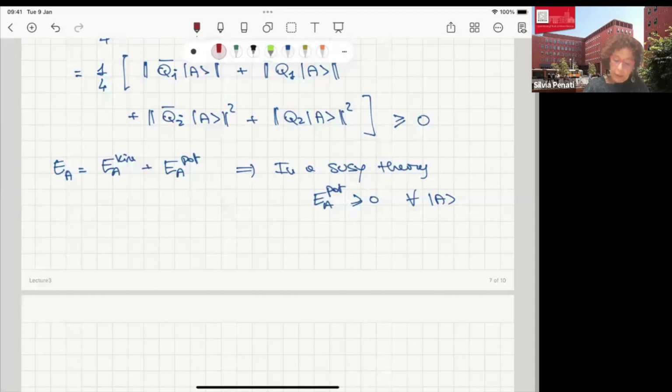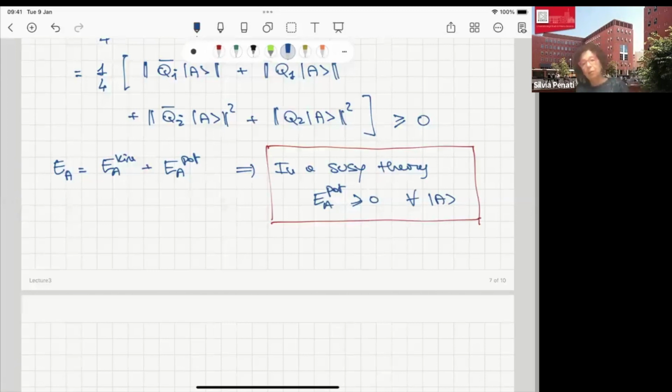Okay, so this is the first important, as I said, non-trivial physical property of the supersymmetric theory, describing particles affected by supersymmetry, that we can simply infer from the algebra. We simply used the anti-commutator.